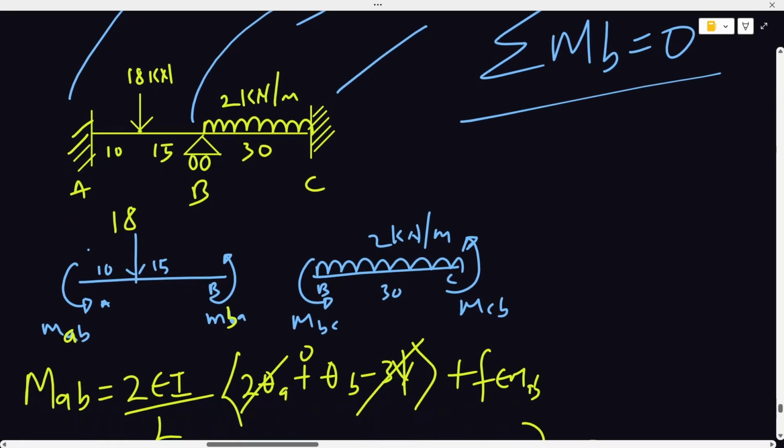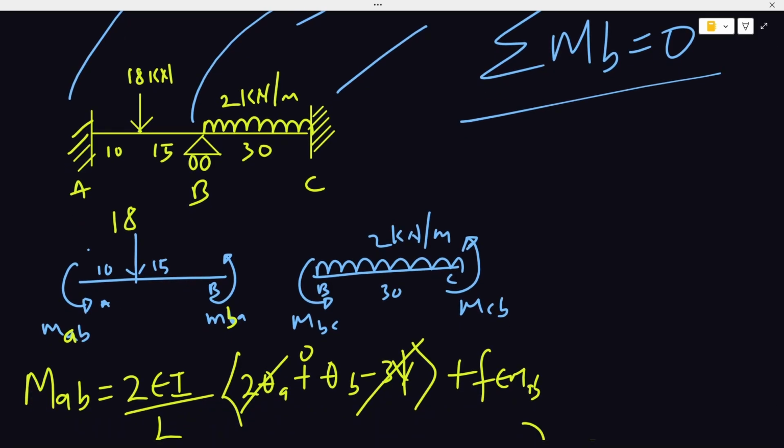So once again, if my joint B is here, and based on Newton's third law, basically saying that action and reaction must be opposite, it means that I must have a moment here. Since this is moving anti-clockwise, I must have one moving in this manner, clockwise.